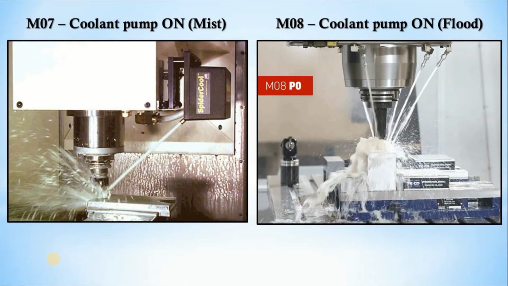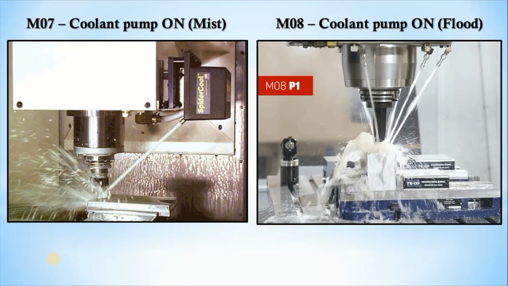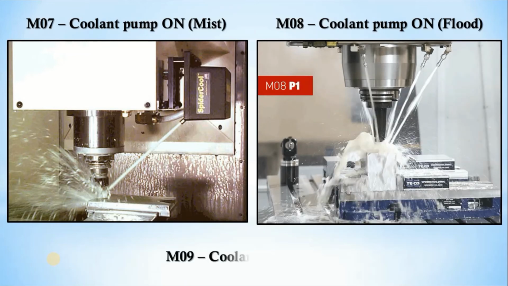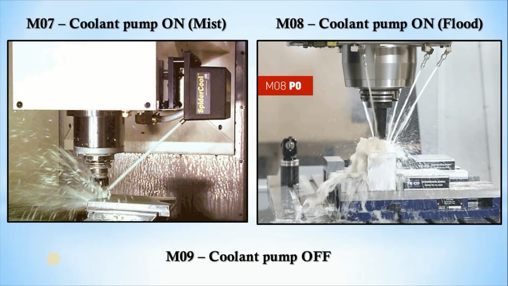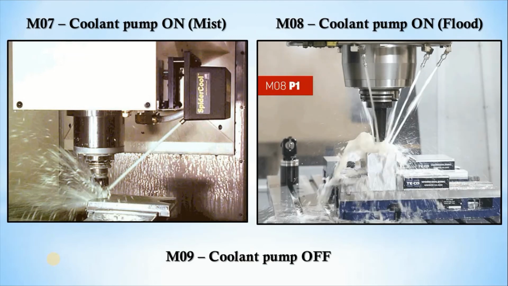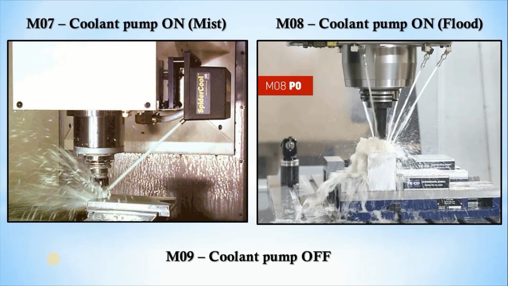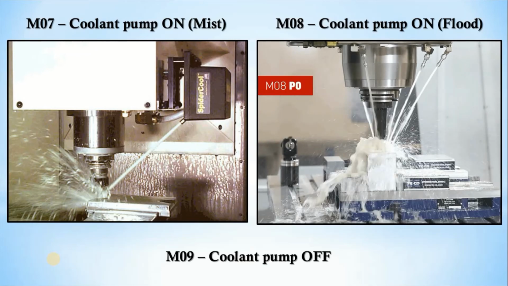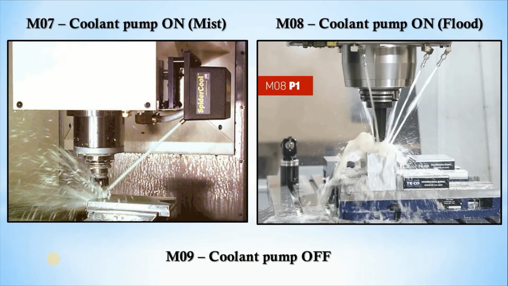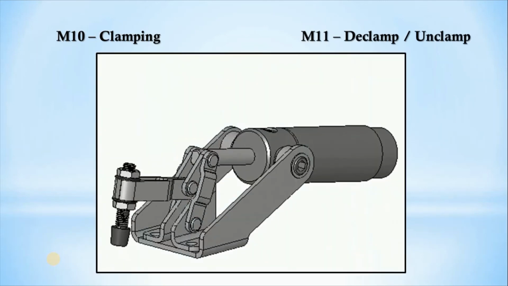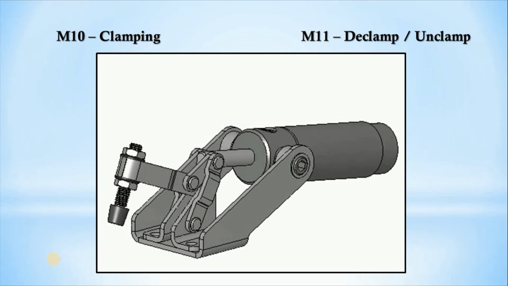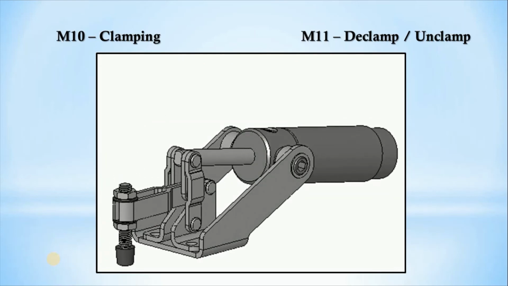Based on that, we can use the coolant position, either mist or flood. Then M09 for coolant pump off. Whenever the operation is completed, we have to switch off the coolant so that we can remove the workpiece. For that, two codes are used: M10 for clamping and M11 for declamp or unclamp.